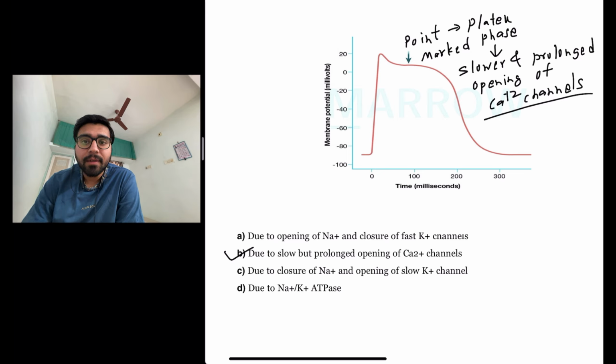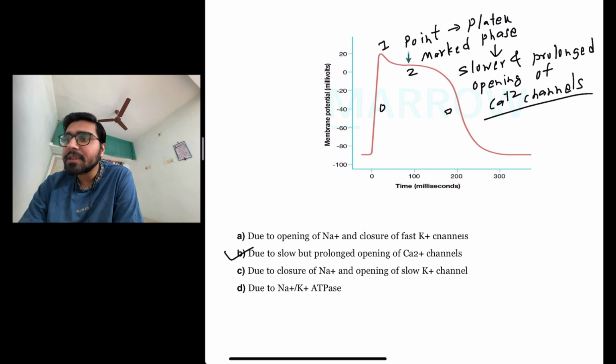Let us look at the other phases. This is phase 0, that is depolarization, due to opening of voltage gated sodium channels, that is fast sodium channels, leads to sodium influx. This one is phase 1, initial repolarization, due to closure of sodium channels and opening of potassium channels, leads to potassium efflux. This one is phase number 2, that is plateau phase, due to slower and prolonged opening of calcium channels.